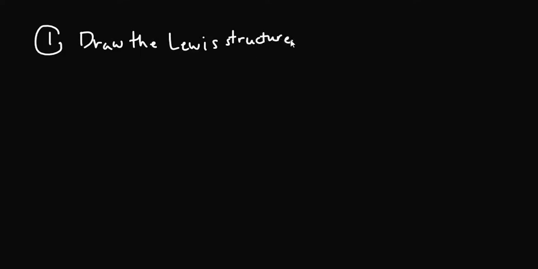So the first step is going to always be to draw the Lewis structure. Because the Lewis structure shows us connectivity, so how atoms are connected and what atoms are connected to other atoms. So we have to know the connectivity before we can assess polarity.